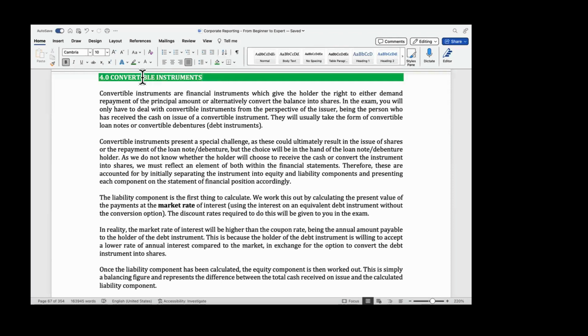But this case is a case whereby we are not sure whether the guy is going to convert it to shares or not.